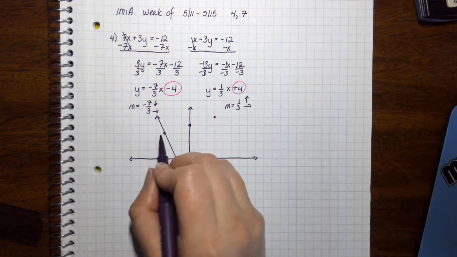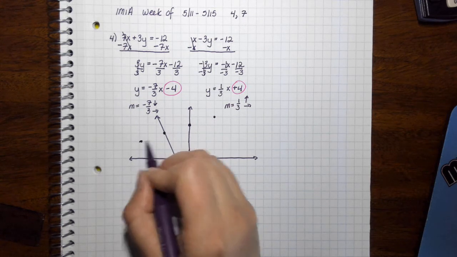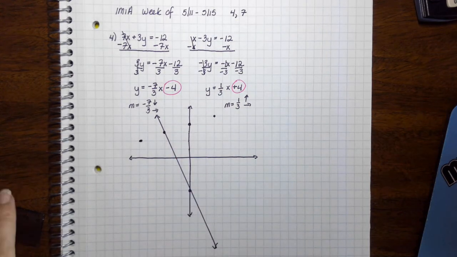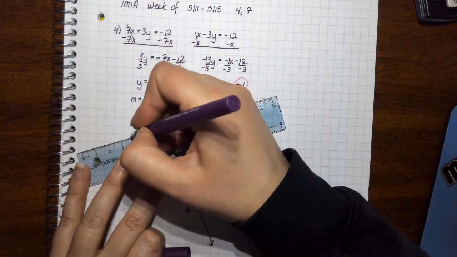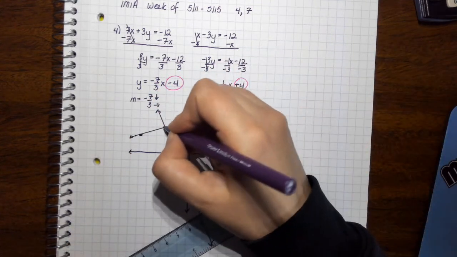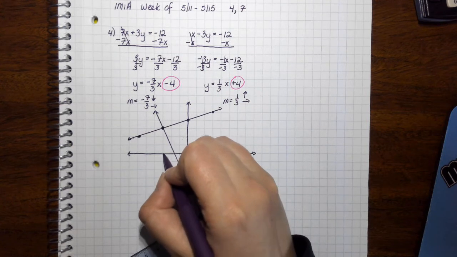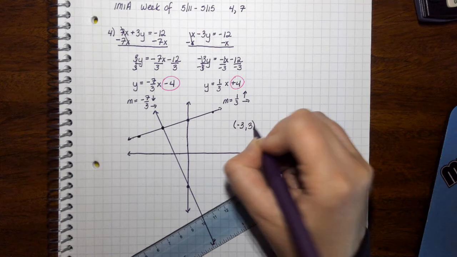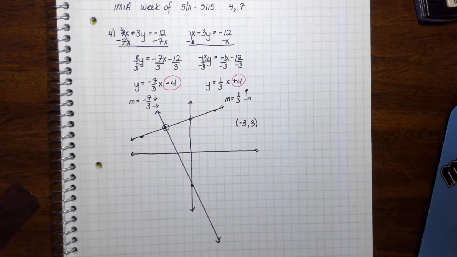And notice I like to backtrack, and oh, I'm lucky, because when I backtracked I could see where the two lines crossed. Okay, so this is the point of intersection. 1, 2, 3, 1, 2, 3. So the final answer is -3, 3, which is this coordinate here, which is the point of intersection between the two lines.